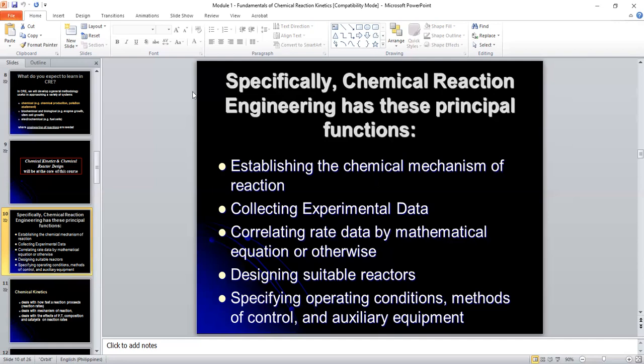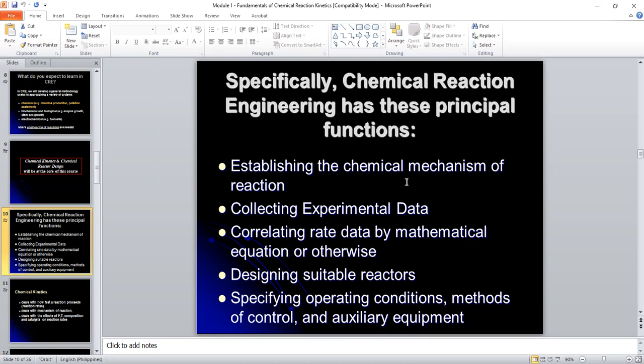So that has something to do with establishing the chemical mechanism of reaction. Mechanism meaning the series of steps that your chemical species has to undergo. That way it's converted to the final desired product.